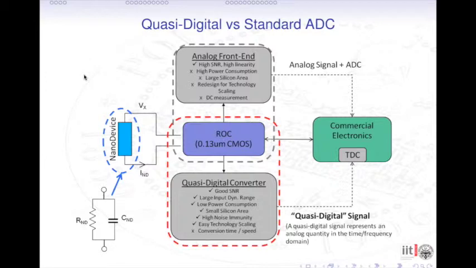So a square wave with a variable frequency or variable duty cycle. And then you need only a time-to-digital converter that you can integrate in the final device using commercial electronics to convert that signal to the traditional n-bit representation.